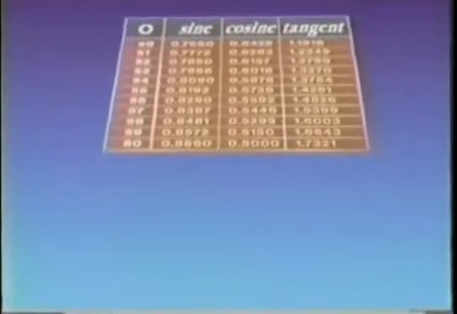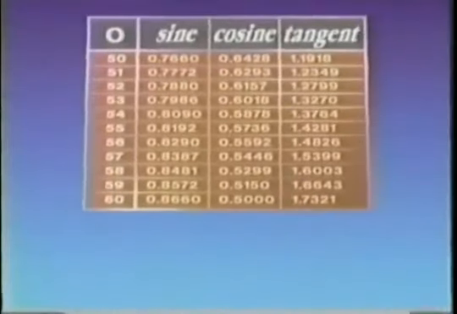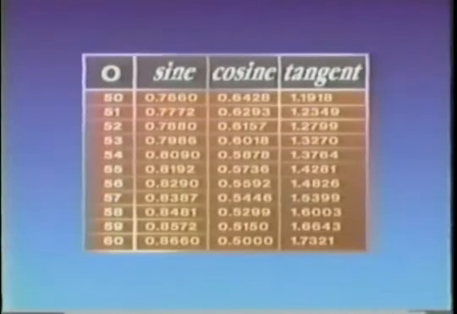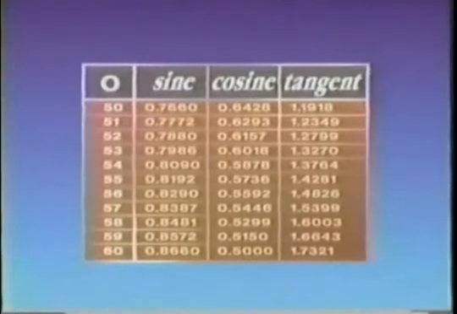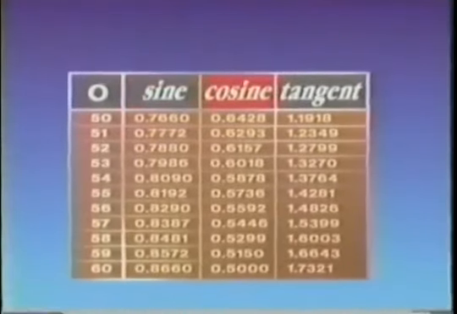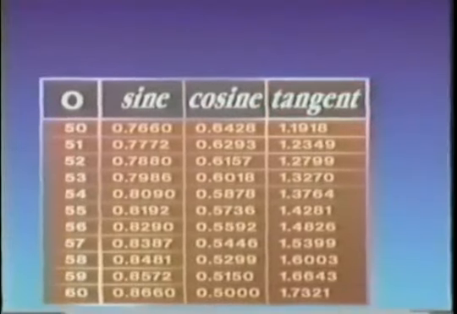Being an orderly people, they arranged these relationships, or ratios, in tables. The ratios most commonly used today are sine, cosine, and tangent, usually written as sin, cos, and tan.